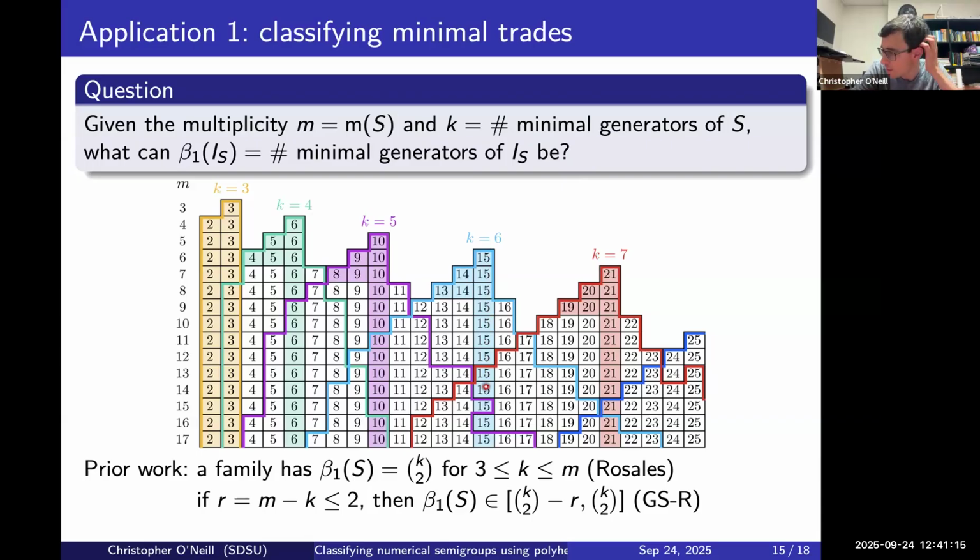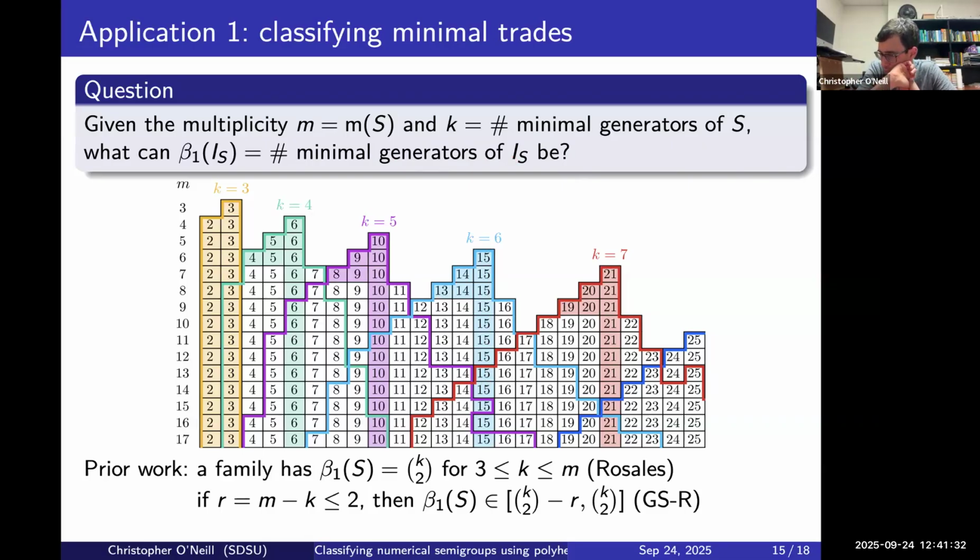And keep in mind the proof of that was actually somewhat complicated, because if someone walks up to you on the street and hands you a numerical semigroup and says, how many minimal trades does this have? How many toric generators does that toric ideal have?